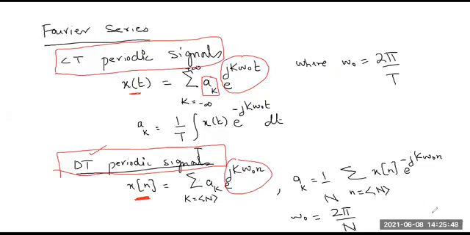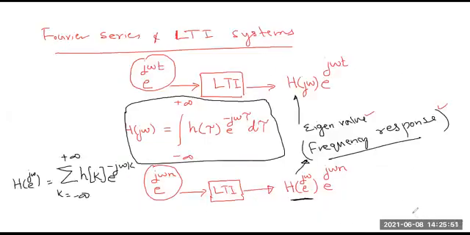So based on this, now we can say that the input of the LTI system, the same LTI system, is generally represented by this notation. If we assume that this input is a continuous time signal, then we can always represent it in Fourier series. So if this signal is periodic, we can always represent it in this form.